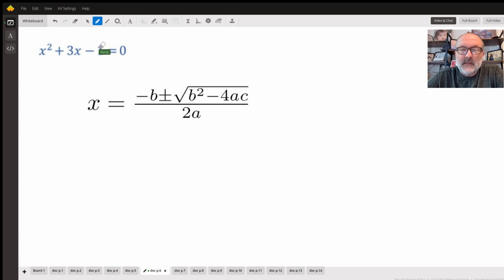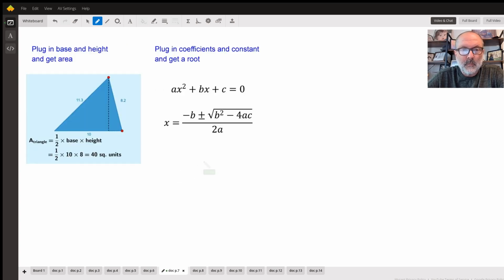And so the idea is you're going to start with your equation, and you're going to plug in some information into the formula to get your answer. Very similar to how you find the area of a triangle.